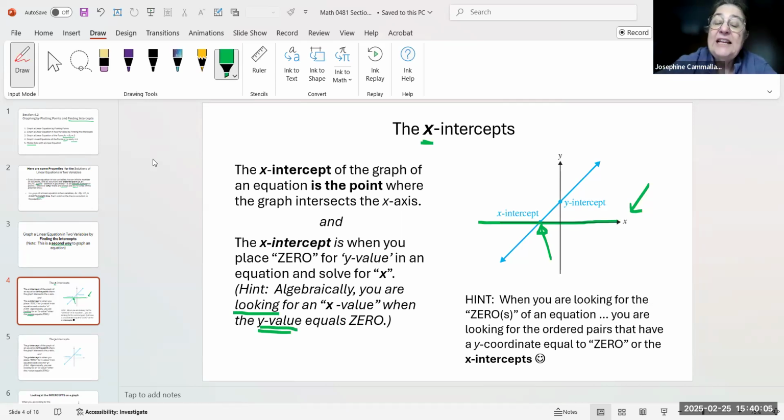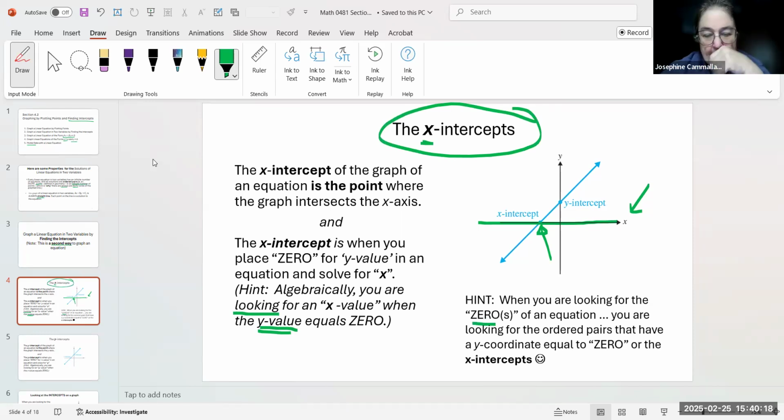Something you also need to know is that as we go further, they're going to talk about finding the zeros. The zeros are my x-intercepts. Sometimes we only have one, but as we go through further and further in mathematics, we can have more than 1 zero. And that's saying the x has a number when the y value is 0.